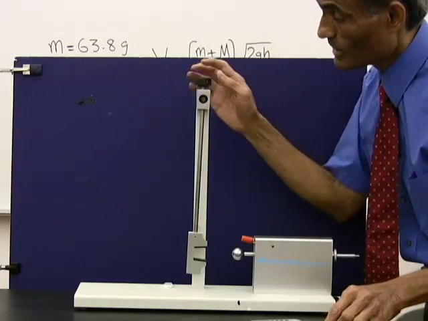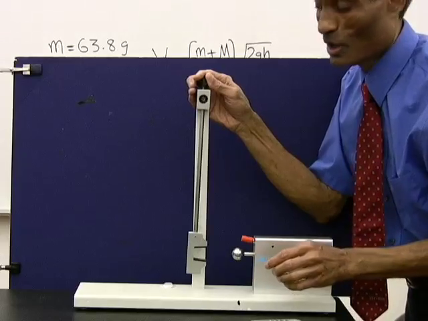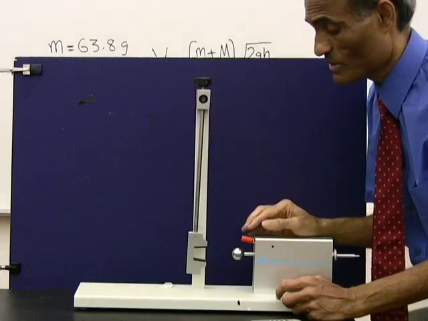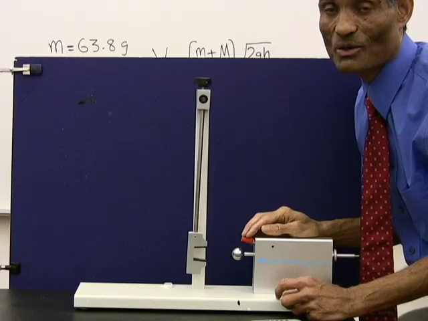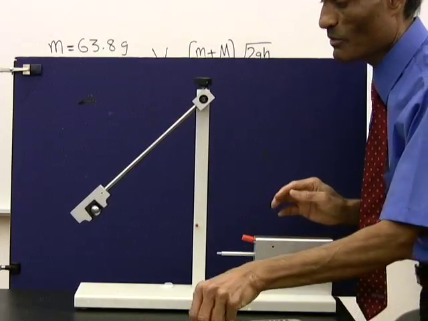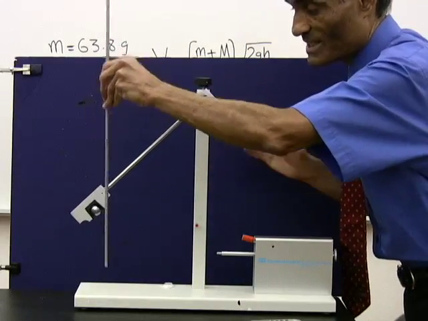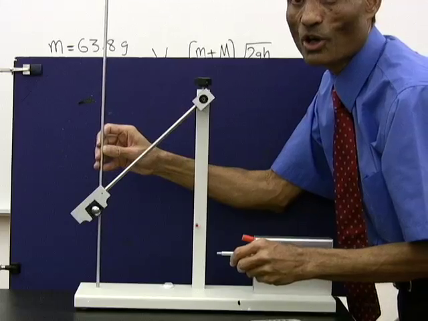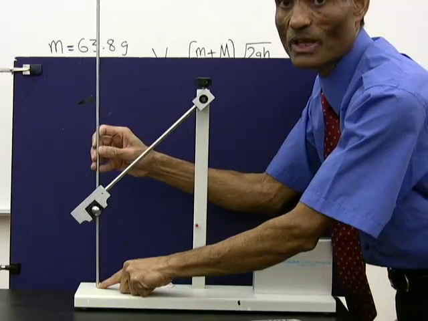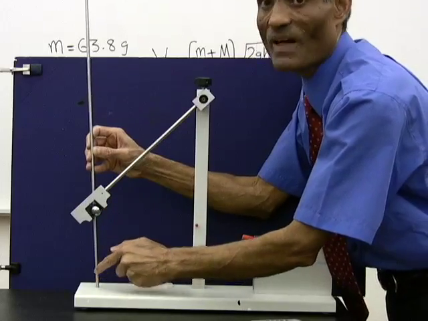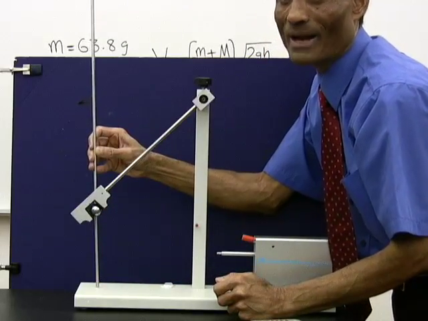And now I'm going to fire the ball, and you need to measure the height to which the ball is raised. Alright, watch how the ball is going to be raised. There goes. You now need to measure this height. The height from the top of the equipment to the center of the ball, and that will be h1.